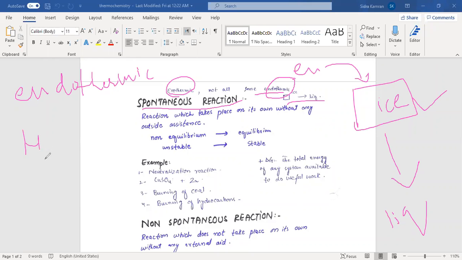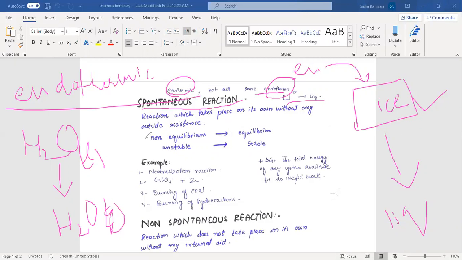If you want to convert liquid water into water vapors, into a gas, this is the reaction of evaporation. This is a spontaneous endothermic reaction. Liquid water will absorb heat. Endothermic means it absorbs heat, and it takes place without any assistance.